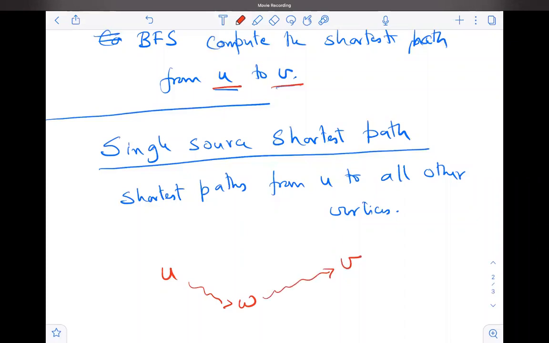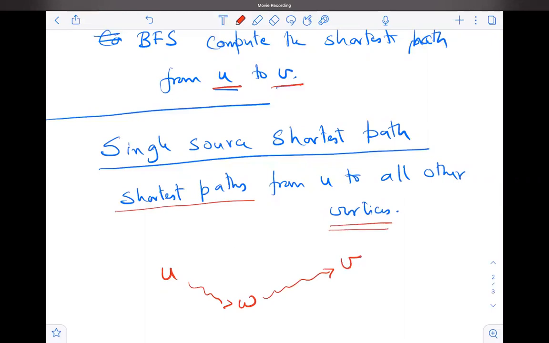In some sense, this has to be solved. I'm not saying that you have to do all-pair shortest path, but to find the shortest path, you need to look at all the vertices.